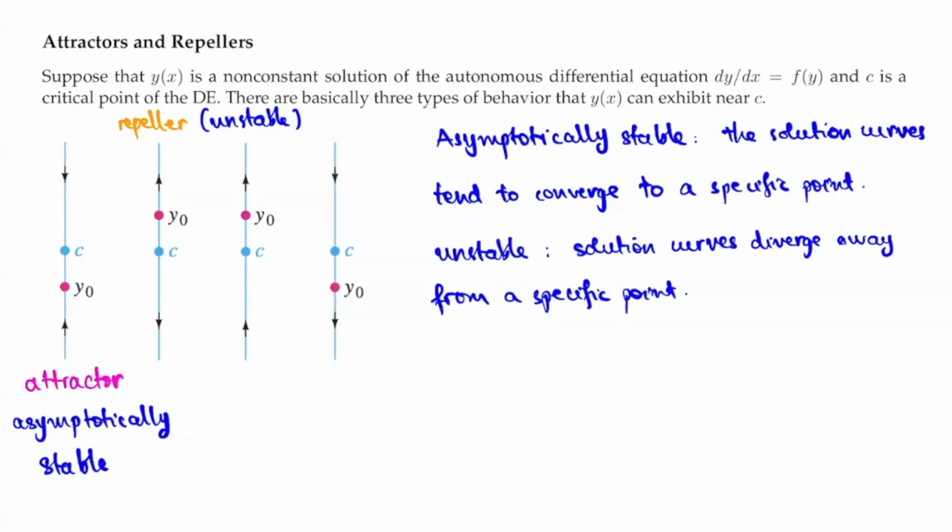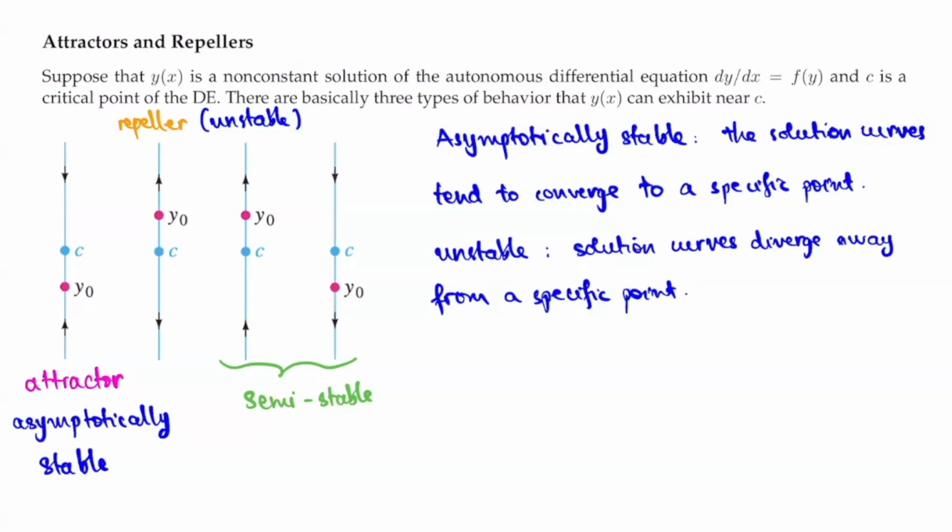Okay. Now I said there are just three types. What about the fourth one? So the last two can be clumped together and called semi-stable. It's neither an attractor nor a repeller, really. It's just that when you consider the critical point, on one side the arrow is going toward the critical point, on the other side it's going out of the critical point.